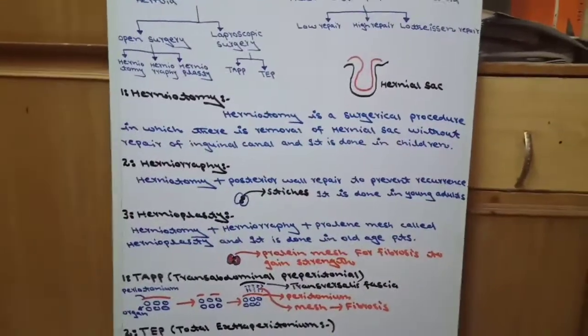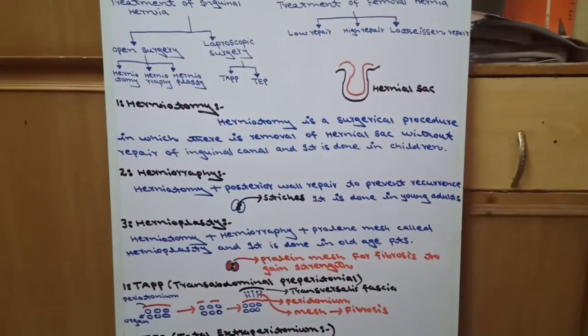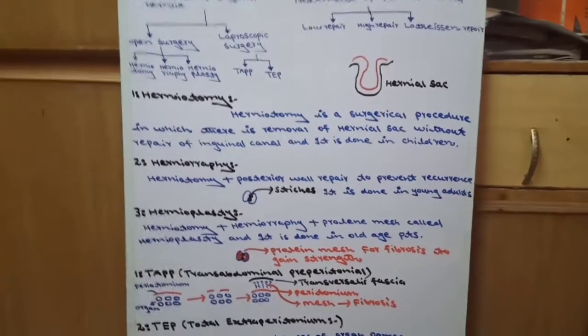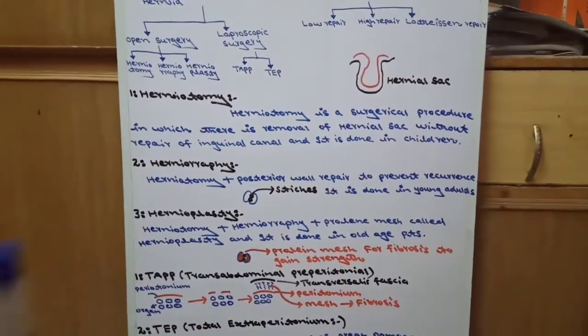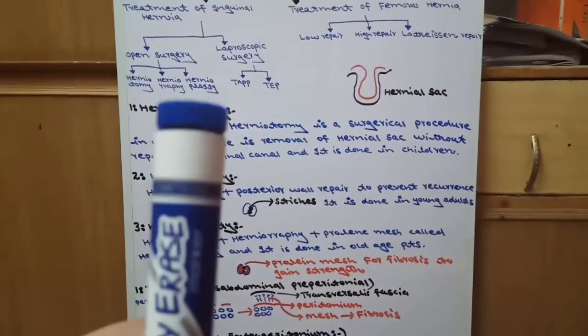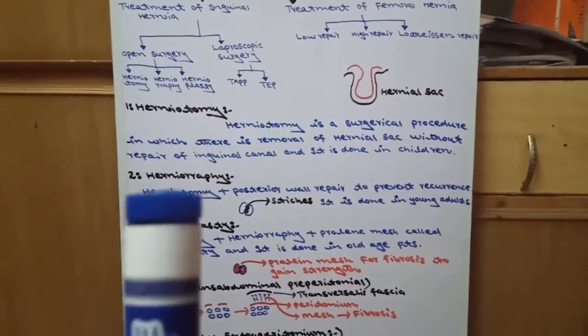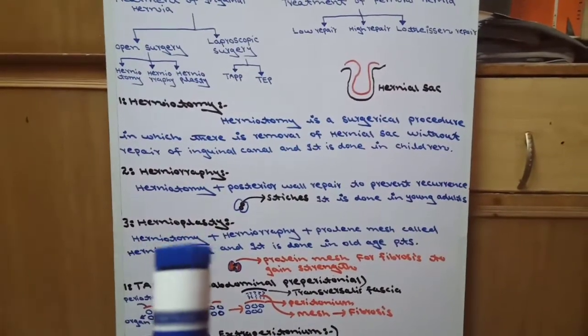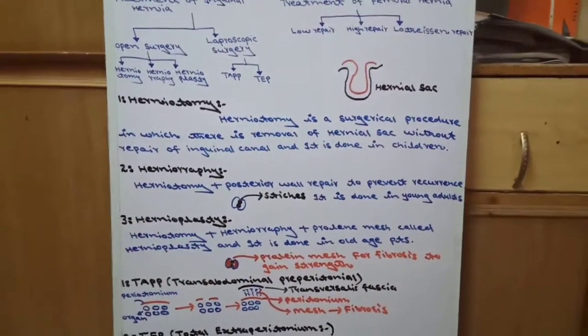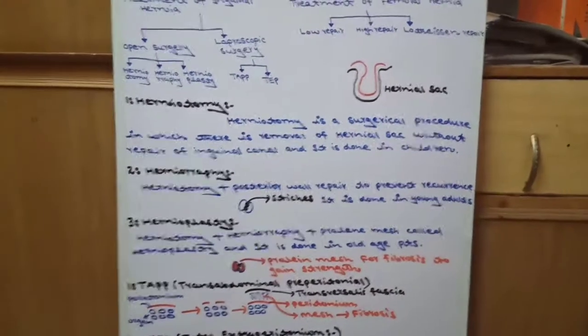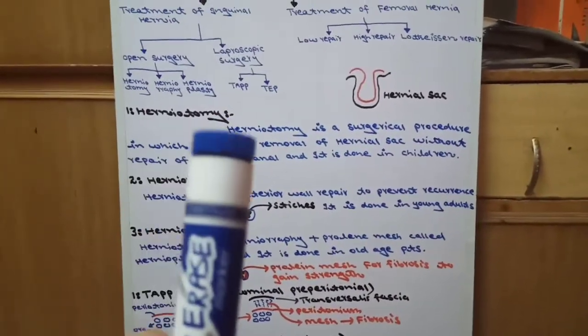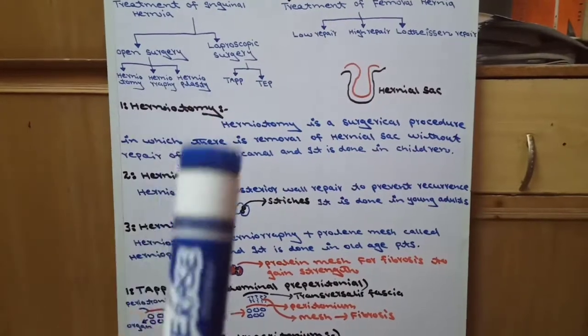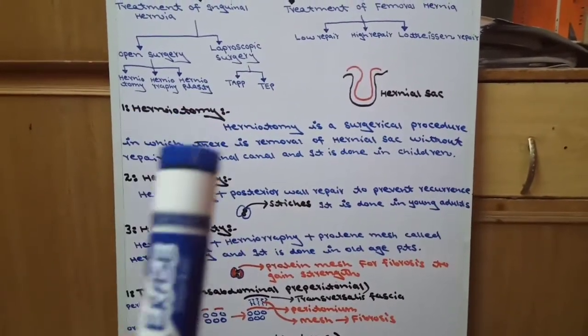Now, if we compare these three methods, what is the difference? There are two major differences. First is age: herniotomy is done in children, herniorrhaphy in young adults, and hernioplasty in old age patients. Second, in herniotomy we remove the hernial sac without repair of the posterior wall of the inguinal canal.